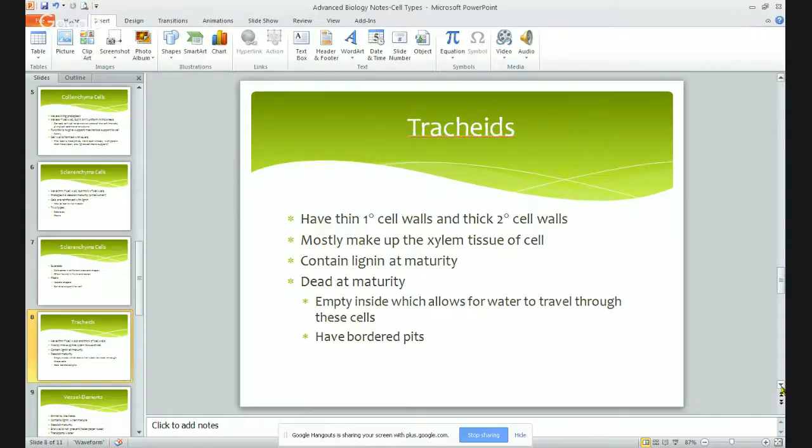They are also dead at maturity, so no nucleus, organelles, things like that. So the empty space that used to be taken up by the protoplast allows water to travel through. That's why these are found in the xylem tissue, because xylem is responsible for transporting water.